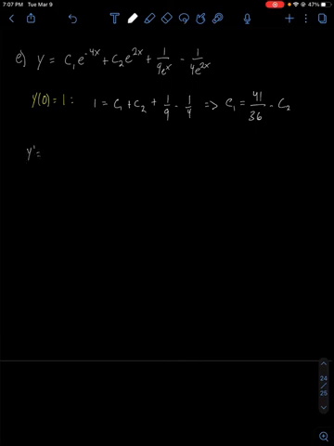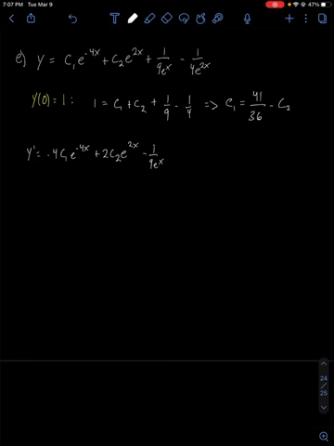So y prime is equal to minus 4 C1 e to the minus 4x plus 2c2 e to the 2x, and then, not the integral, 1 over 9 e to the minus x over 9 is minus 1 over 9 e to the x, and then minus 1 over 4 e to the minus 2x, e to the minus 2x over 4.